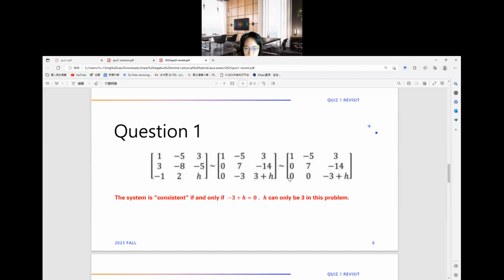So I should read 0 times x1 plus 0 times x2 equals minus 3 plus h. And the only possibility is that minus 3 plus h equals to 0. So h can only be 3 in this problem.